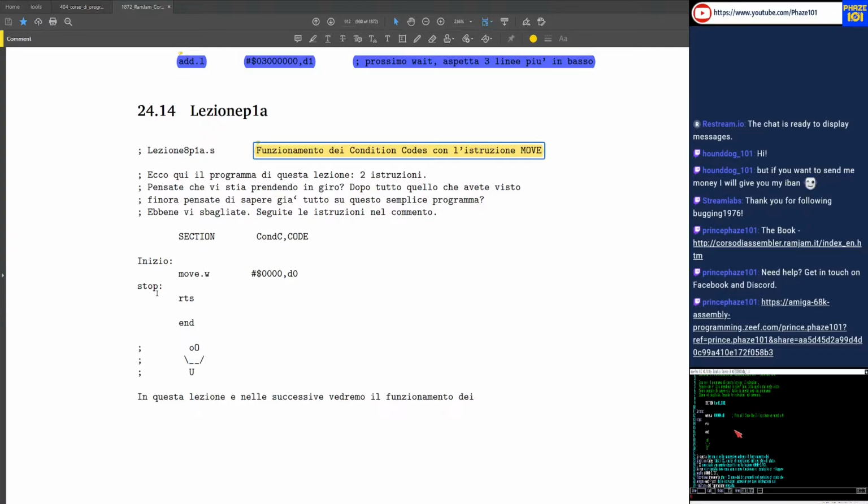The first one is, as you see here, what happens with the flags in the condition code register when we do a move instruction into a data register. So I'm going to switch to the Amiga now.